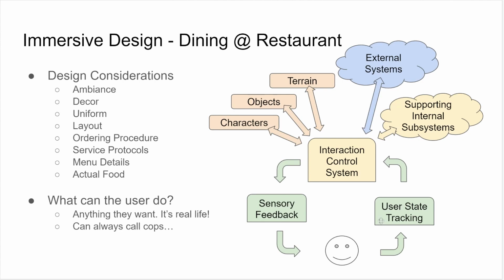That information gets received by that staff member, and then it goes back to the interaction control system. In this case, the interaction control system is the training that the staff member got and the rules of the restaurant. So the rules of the restaurant would say, if someone says table for two, we talk into the radio and ask, do we have a table for two?